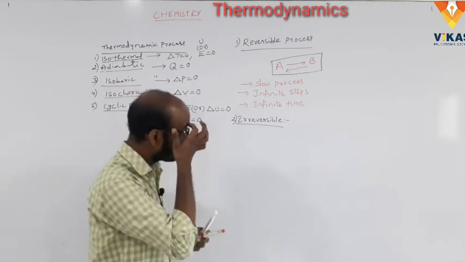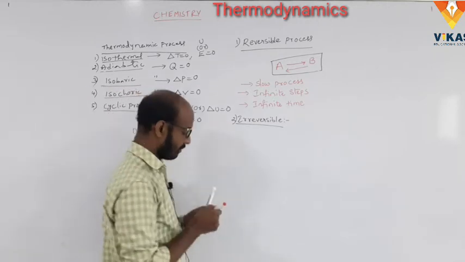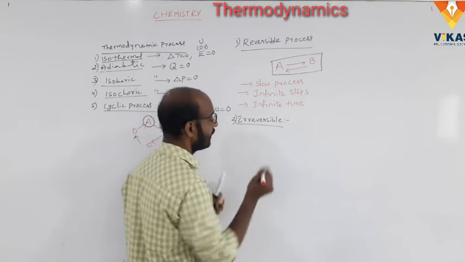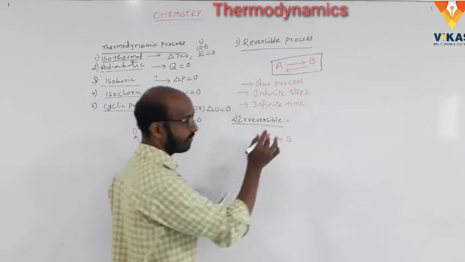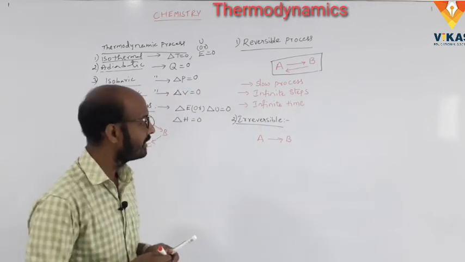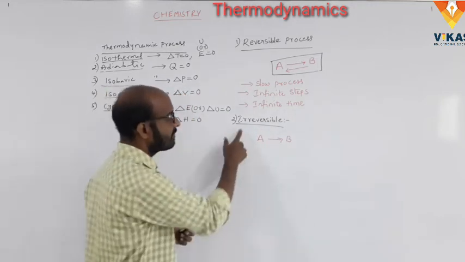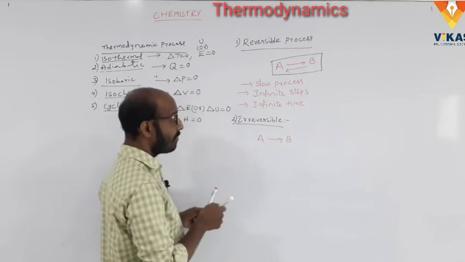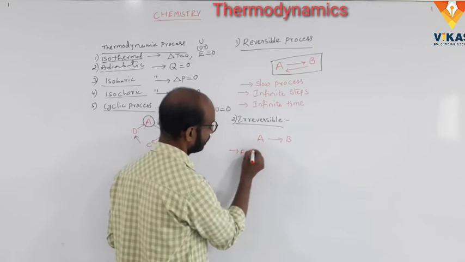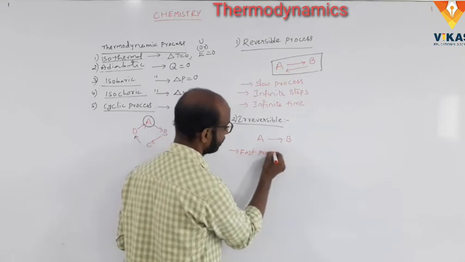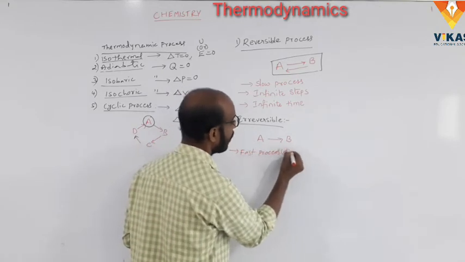In the irreversible process, there is no reverse. A is converted to B, enough. There are no reverse steps involved in the process. That is called the irreversible process. It is a fast process, or spontaneous process.